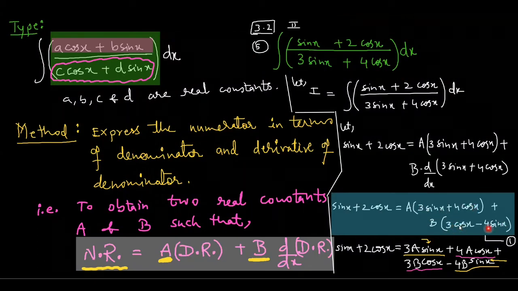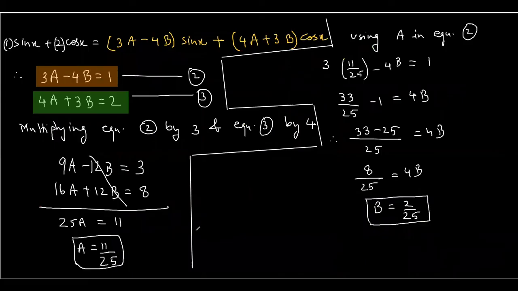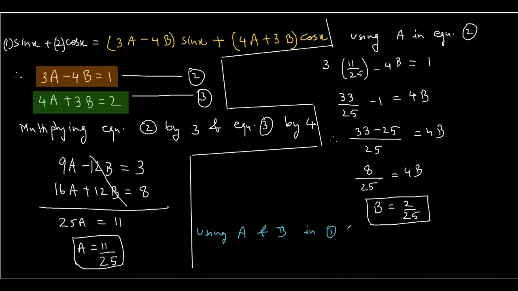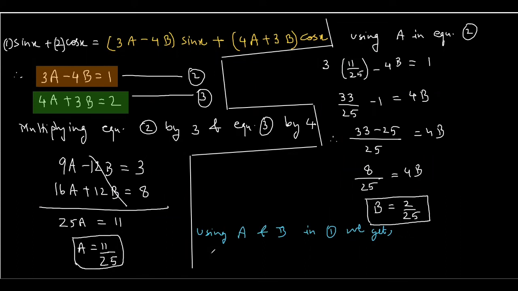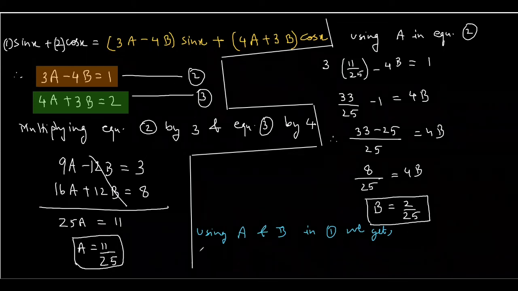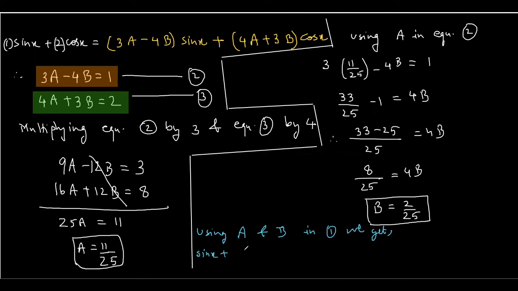It is the derivative of denominator. So I will write, using A and B in 1 we get, see students what I get. What was the numerator? Numerator was sin x plus 2 cos x. So sin x plus 2 cos x equals, remember what it was? It was A into denominator.